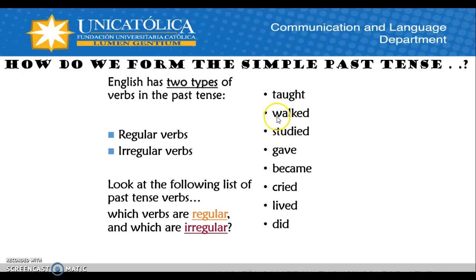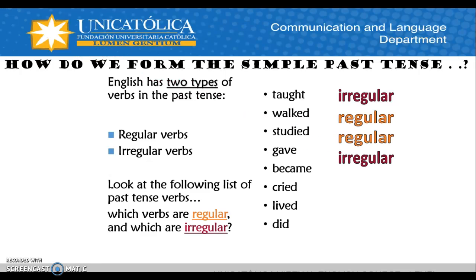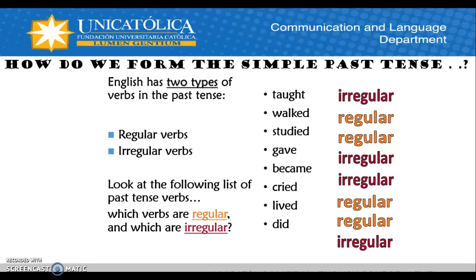Thought, walked, studied, gave, became, cried, lived, did. Irregular, regular, regular, irregular, irregular, regular, regular, and irregular. Okay? Just keep in mind because that's really important.